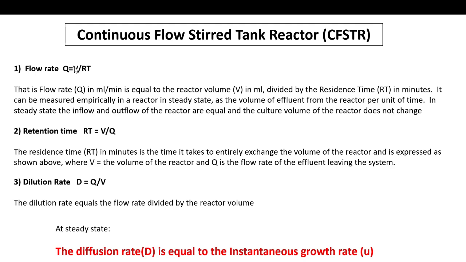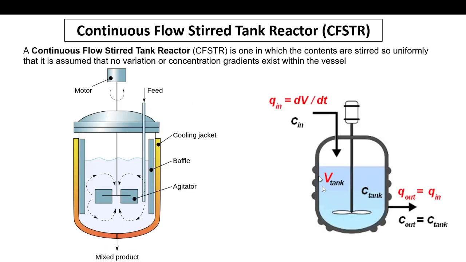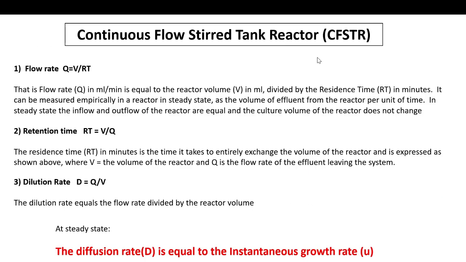V is the volume of the tank reactor, and RT is the residence time. So how much time your substrate is residing in the tank reactor is given by this residence time. The flow rate Q in ml per minute is equal to the reactor volume V in ml, divided by the residence time in minutes.